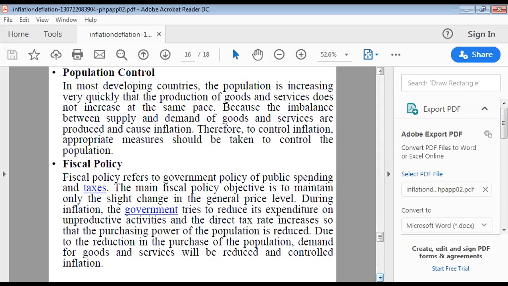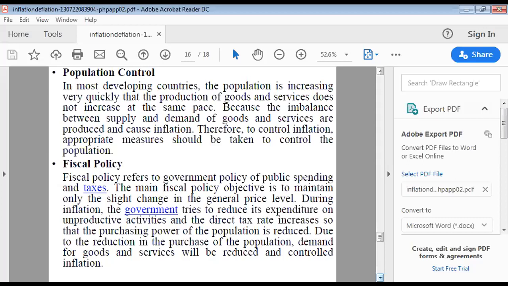propounded by Malthus, who says that in the earlier part of the world, there was a mismatch between the production of means of subsistence, foods majorly, and the rate at which people were growing.